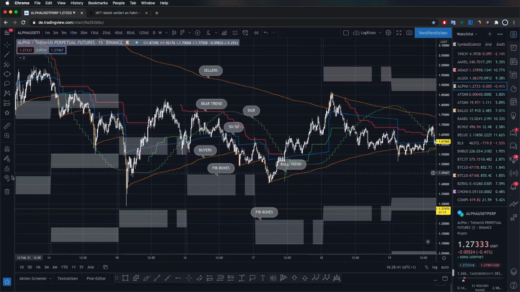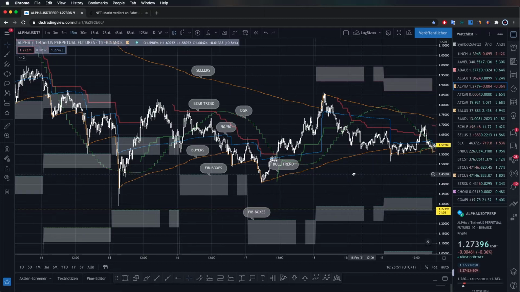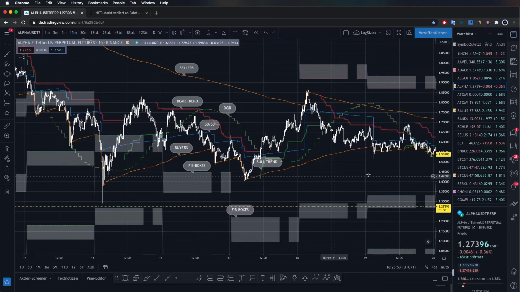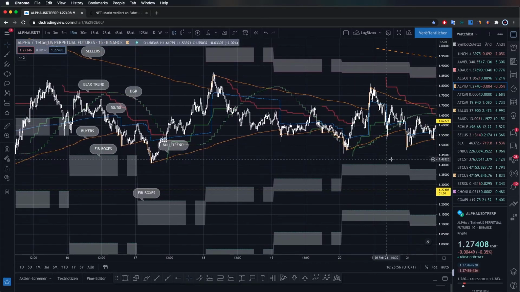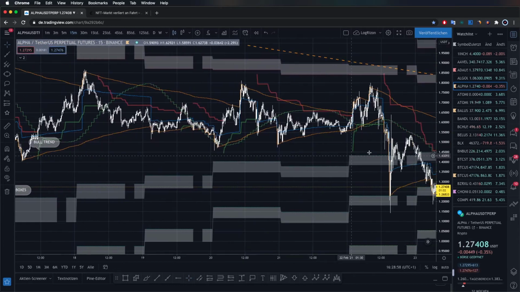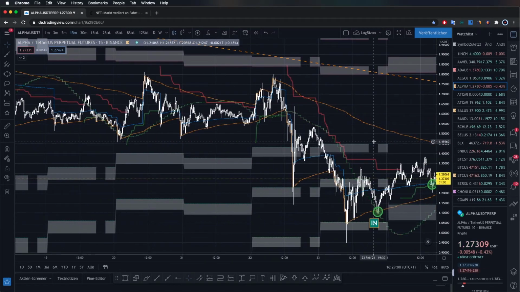But if you have a little bit of experience, it's really a beautiful tool to see the momentum switching and to buy in the right moment. So I will give you an example in this and at this coin where I used it.